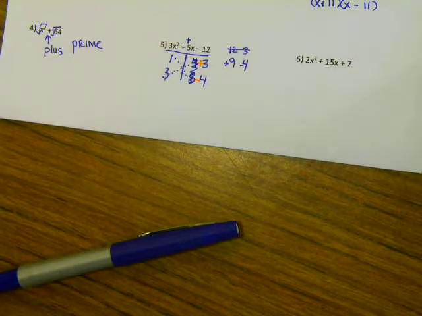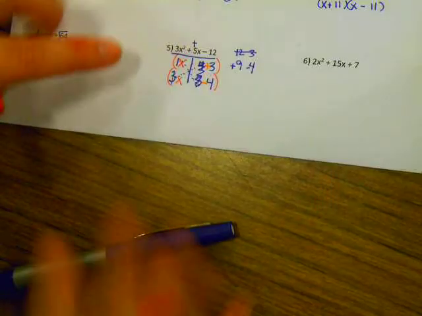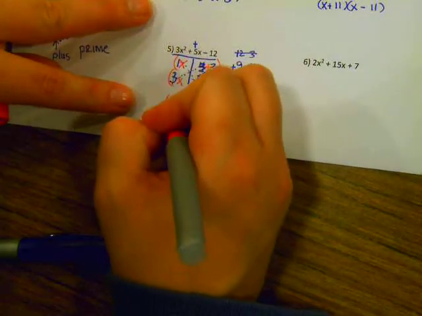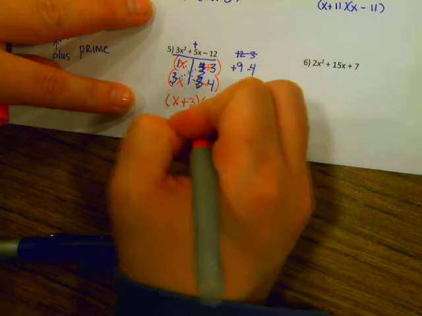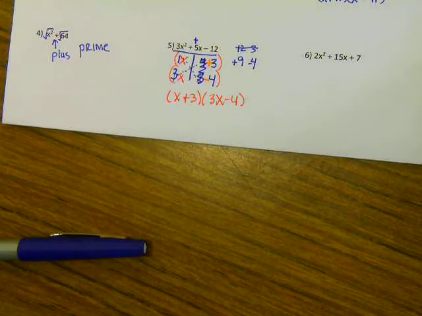And then you attach the variable of x always on the left column. And you put your parentheses for your factors straight across. So my two factors are 1x plus 3 and then 3x minus 4. Those are my two factors.